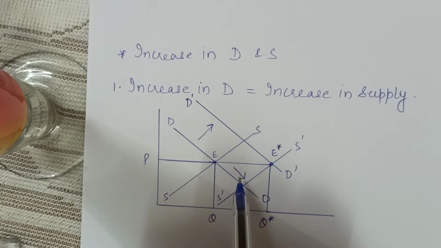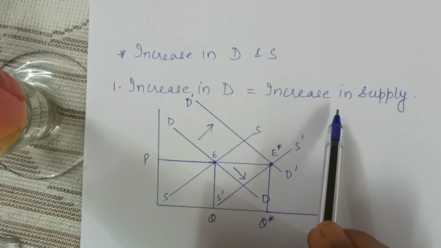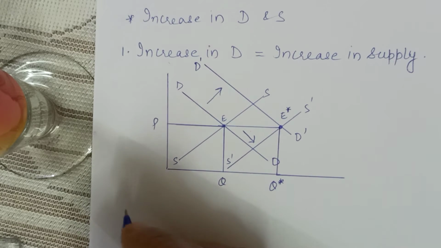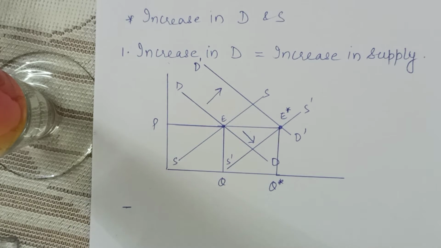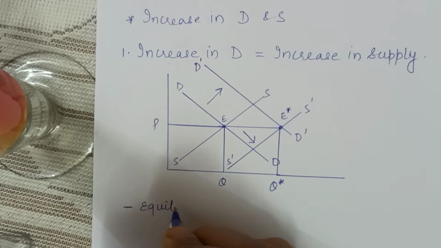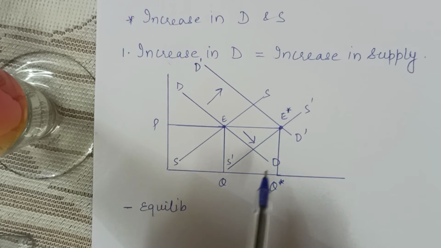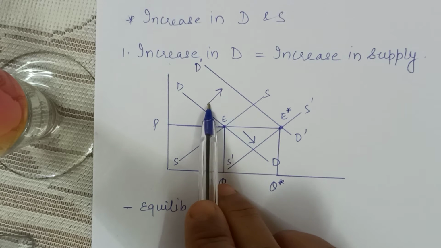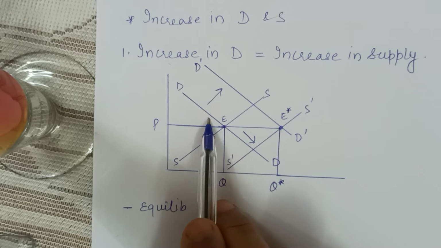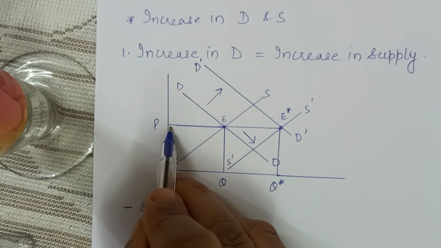The increase will be the same, whatever increase is taking place in demand, the same type of increase will take place in supply. Now because of this, what will happen to the equilibrium price? Just go through this figure. You can see that the changes are of the same type, the same amount of increase is there in demand and supply, equilibrium price did not change.